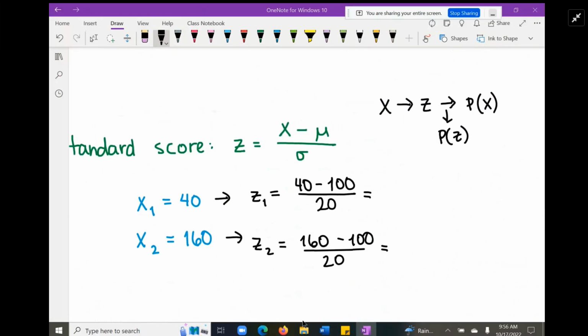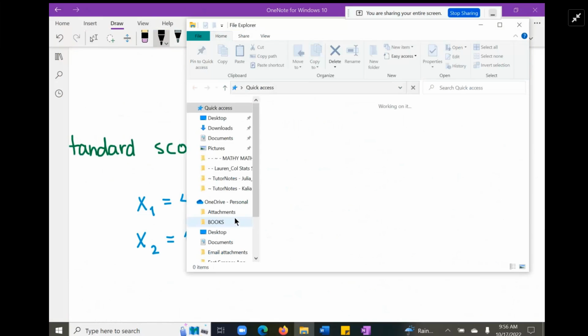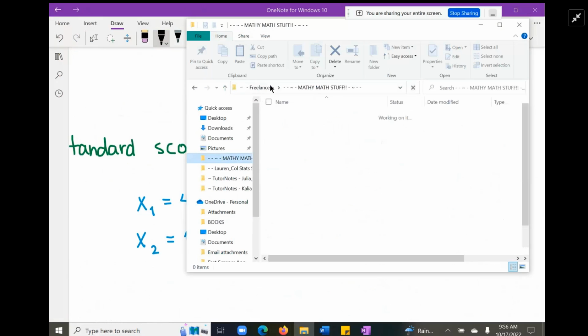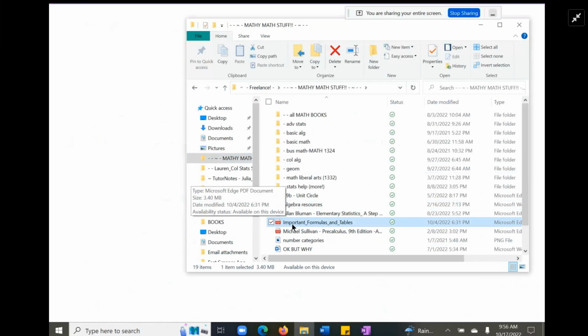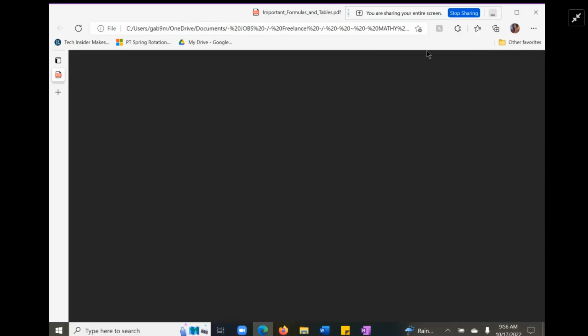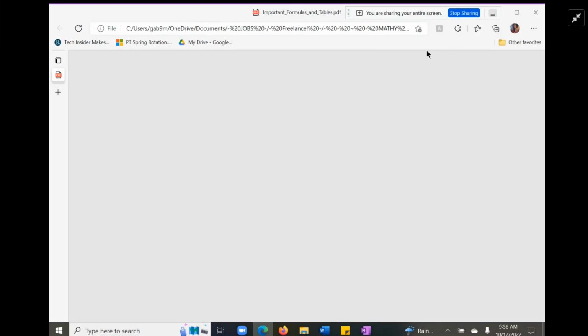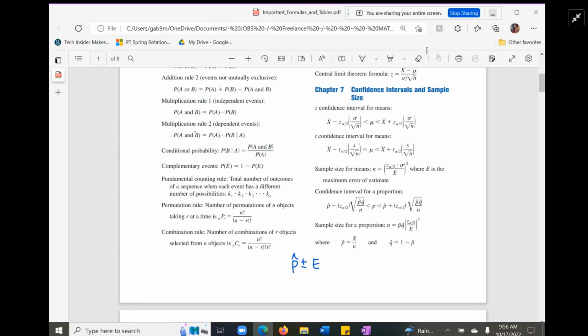And of course, you have StatCrunch if you're using Pearson, MyLab Math. Then there's JMP, RStudio, so there's a ton of different statistical software out there. SPSS is definitely another one.